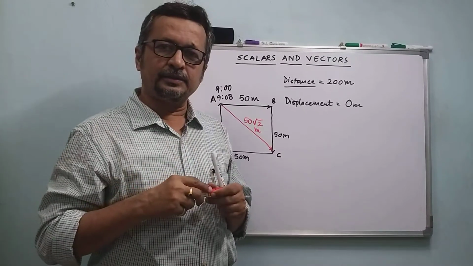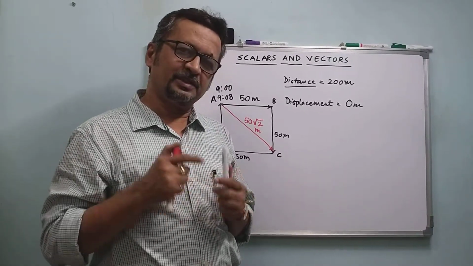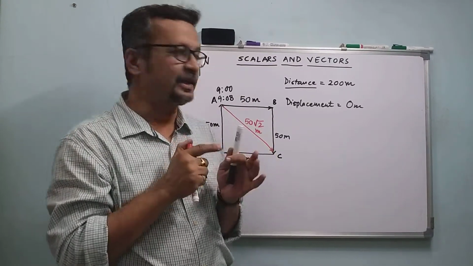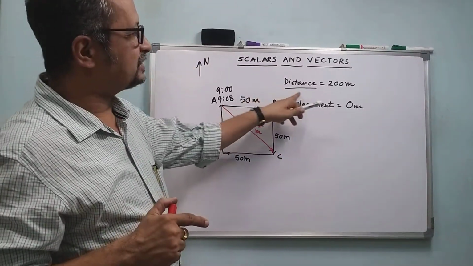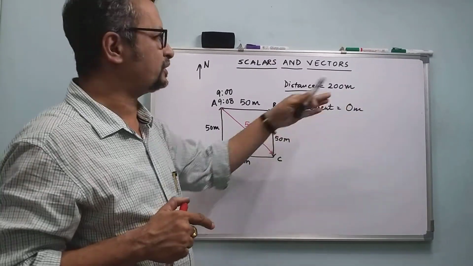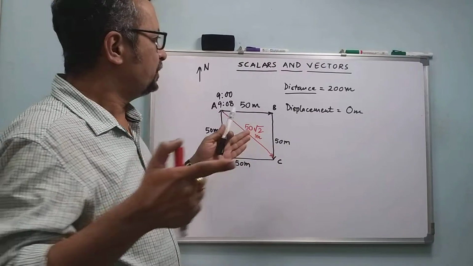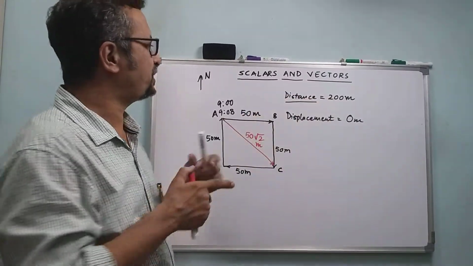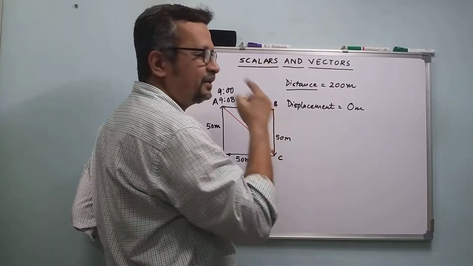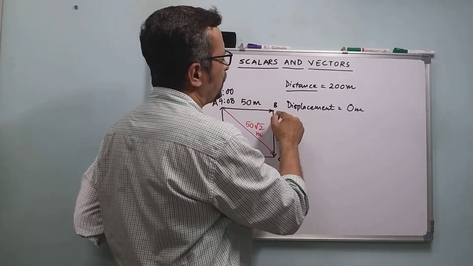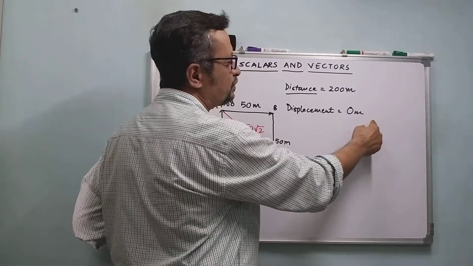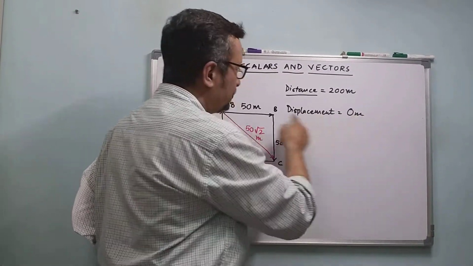The whole thing is distinguishing between distance and displacement, distinguishing between vectors and scalars. When I talk about the distance traveled, it is 200 meter and it happens to be a scalar quantity because I'm not specifying in which direction. Now for a distance of 200 meter, I can as well start from A to B, and my next distance covered would be let us say about 150 meter here from B to some point P here, right?